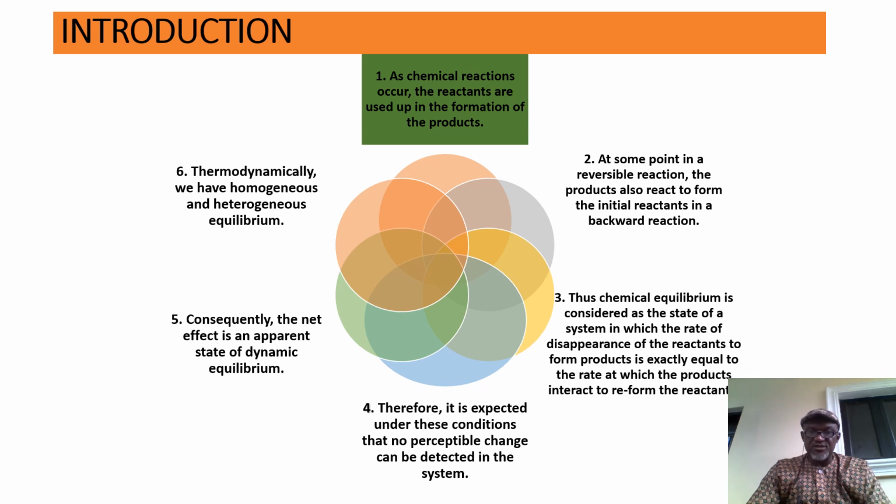Heterogeneous is when you might have a reactant in a solid phase and a product in a liquid phase, or one reactant in a solid phase, another reactant in a gaseous phase, and the product in another phase. That's when we talk about heterogeneous equilibrium, when they are not in the same phase. But when all the reactants and products are in the same phase, even in terms of catalysis, if you have the catalyst also in the same phase, we'll start talking about homogeneous catalysis and heterogeneous catalysis.